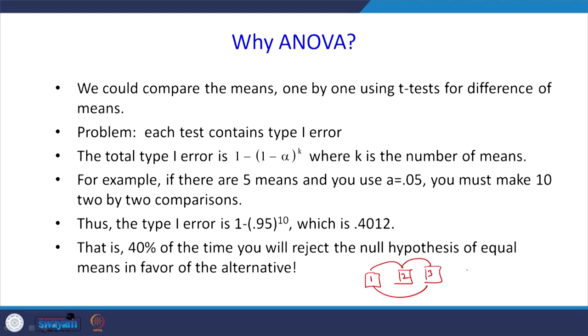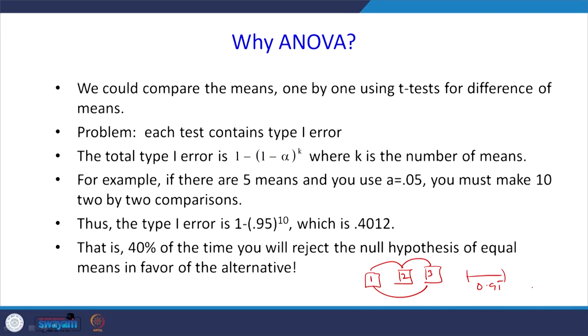For example, if there are 5 means and you use alpha equal to 0.05, because of 5C2, you must make 10 2 by 2 comparisons. In every comparison your confidence level is 0.95. If you are making 10 comparisons, the overall confidence level is 0.95 power 10.